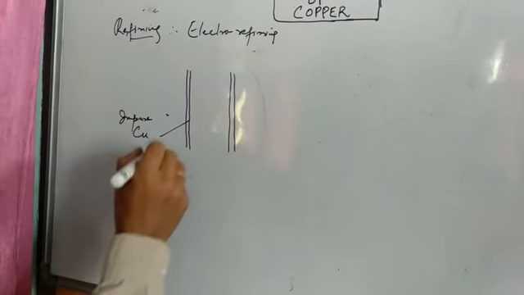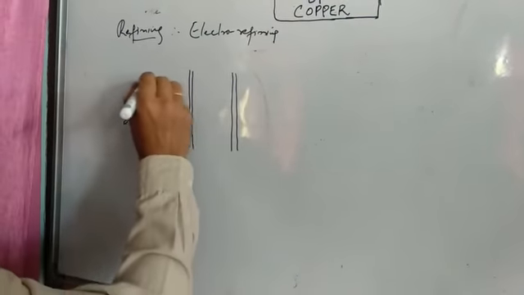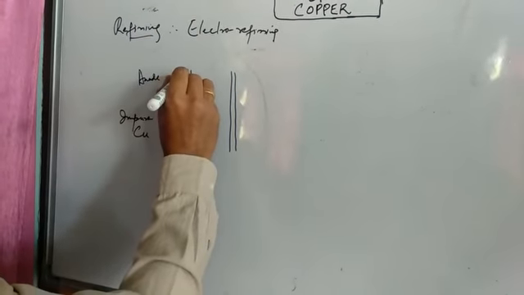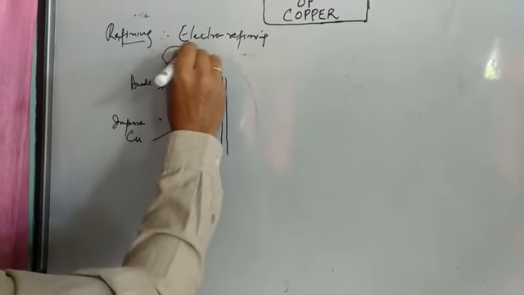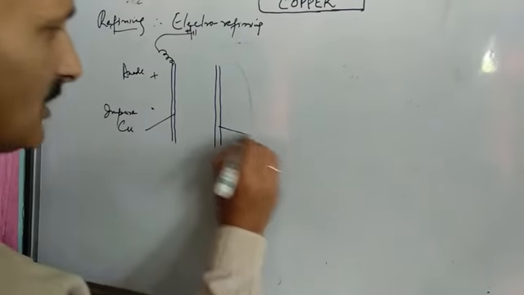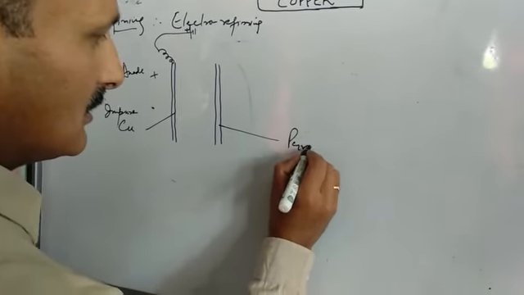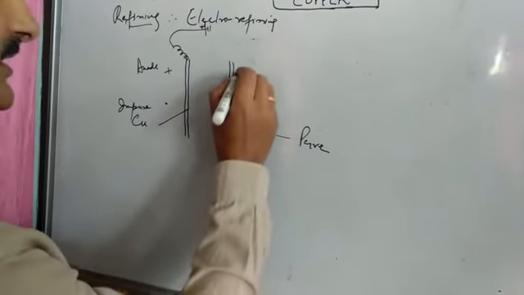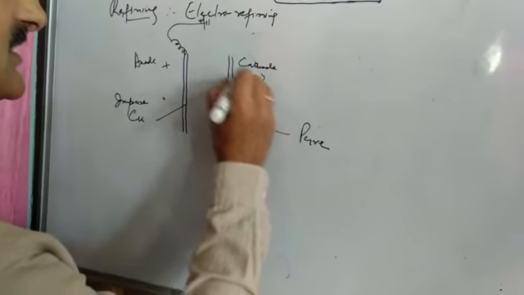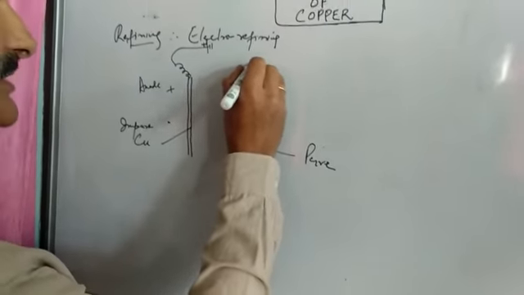That impure copper is made anode, that is, it is connected to the positive terminal of the battery. This is the positive terminal. Then this is pure copper. It is made cathode, that is negative electrode, since it is connected to the negative terminal of the battery.